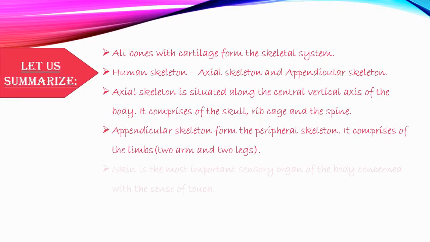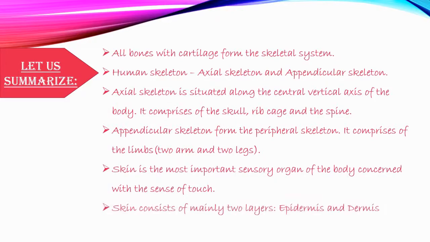Skin is the most important sensory organ of the body, concerned with the sense of touch. And skin consists of mainly two layers, that is epidermis and dermis. A network of blood vessels and nerve fibers lie below the dermis.